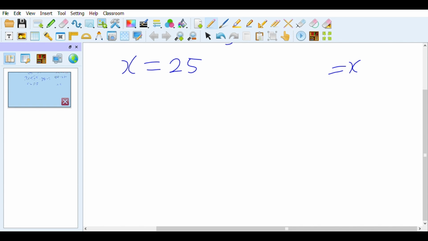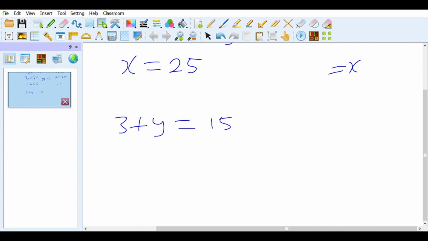In the next example, we have 3 plus y is equal to 15. 3 plus y is equal to 15.